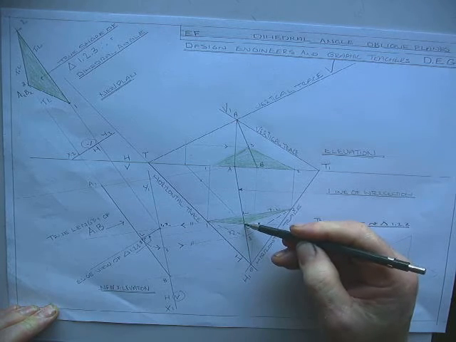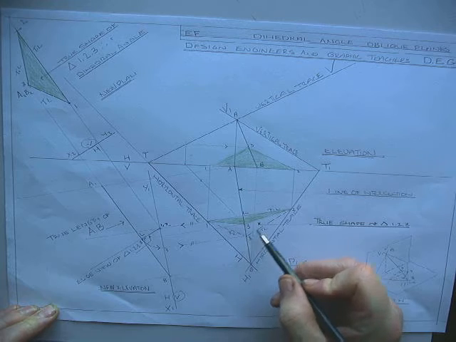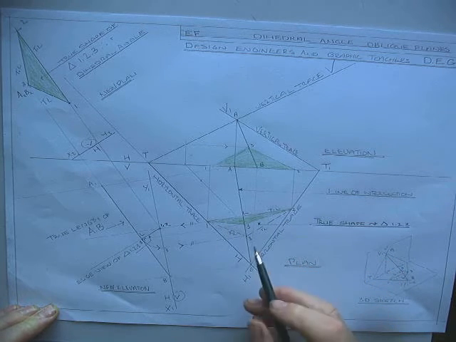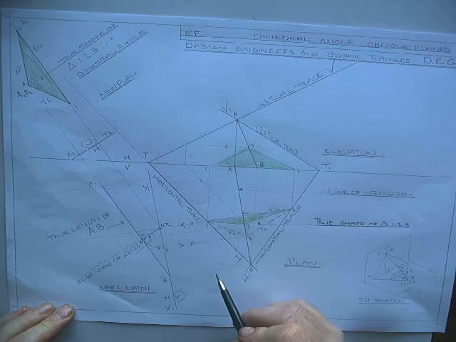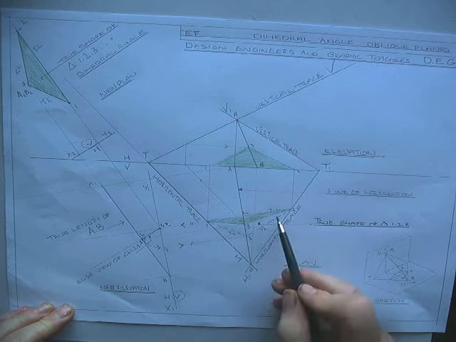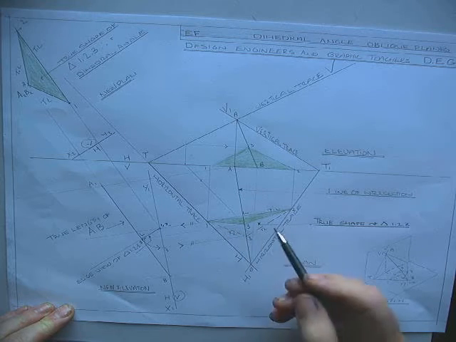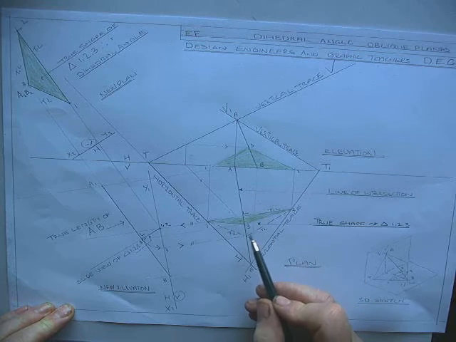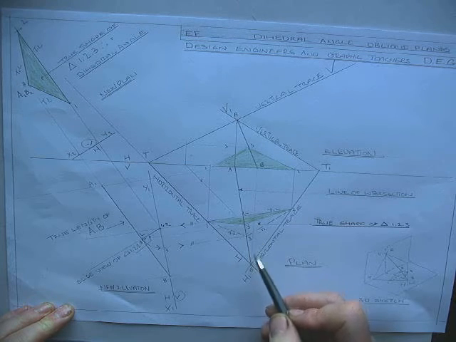In other words, 3 is going to move out parallel to x1, y1. Therefore, that dotted detail there is the exact same angle as you got up here. I've done this by rotation. So that is the true shape of my triangle 1, 2 and 3, and it's also the dihedral angle between the two oblique planes VTH and V1 T1 H1.